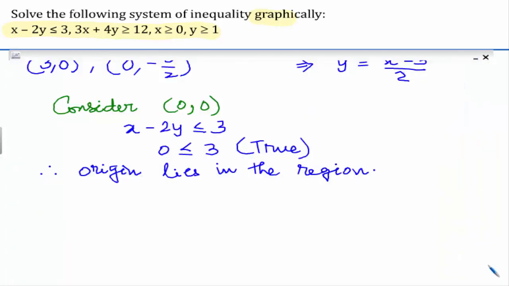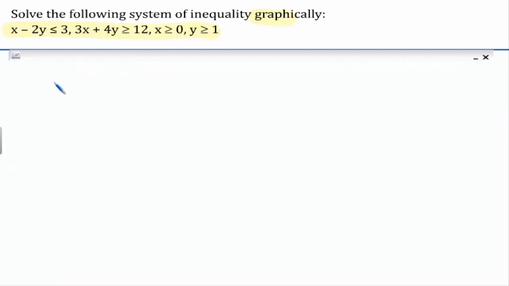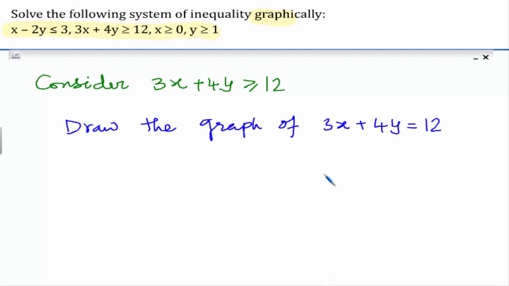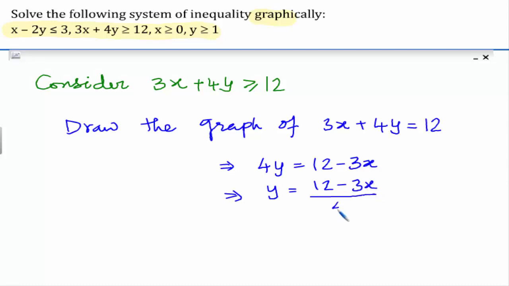Now let us consider the fourth and the final inequality, that is 3x plus 4y greater than or equal to 12. Now we have to draw the graph of 3x plus 4y is equal to 12. This will give us 4y is equal to 12 minus 3x. So y is equal to 12 minus 3x by 4.